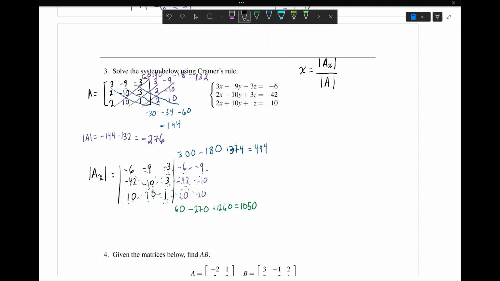And as a reminder, I do the bottom minus the top. So 1050 minus 494. And that ends up being 556. So that tells me that x is going to be 556 divided by negative 276.